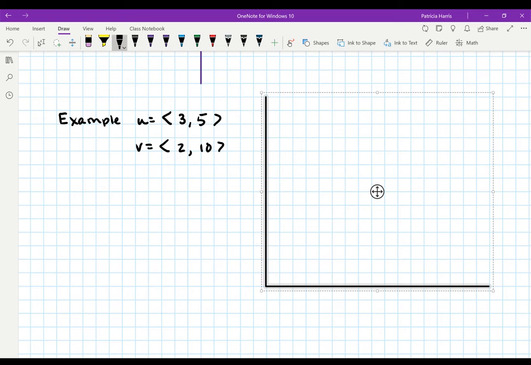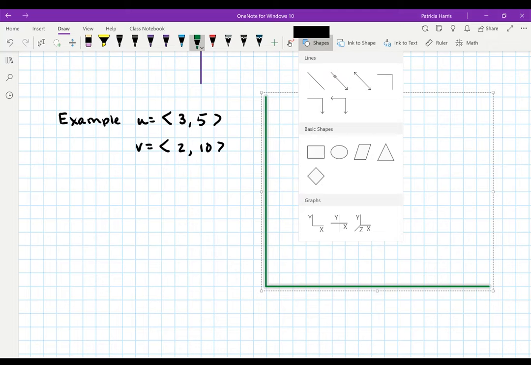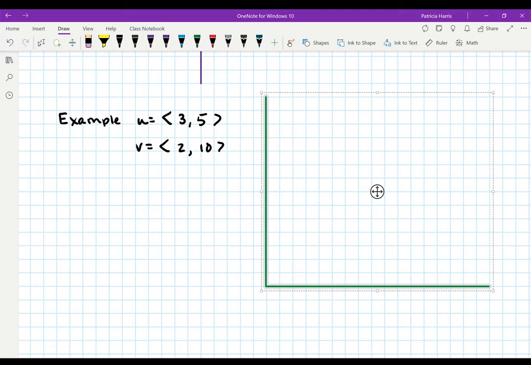Okay, so let's graph. All right, here we go. 3, 5. So there's my first vector. Okay, second vector, 2, 10.